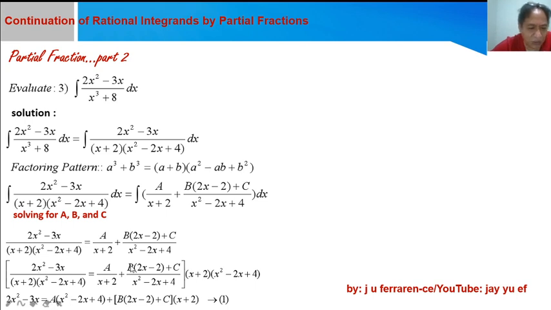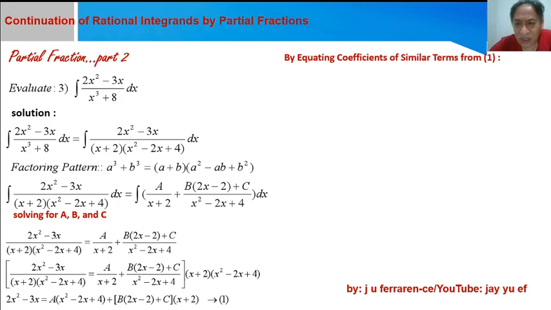Removing your x plus 2, we have a with the trinomial, which is x squared minus 2x plus 4. Then, removing the trinomial, what is left is the x plus 2. So, we have the numerator, b times the 2x minus 2 plus c, multiplied entirely with the x plus 2. Call this equation 1.